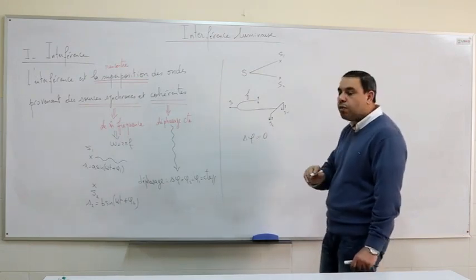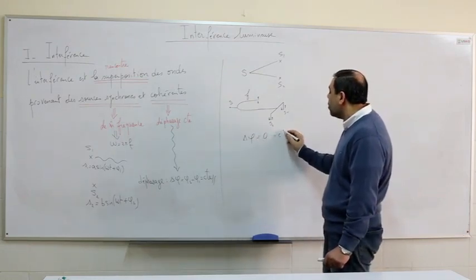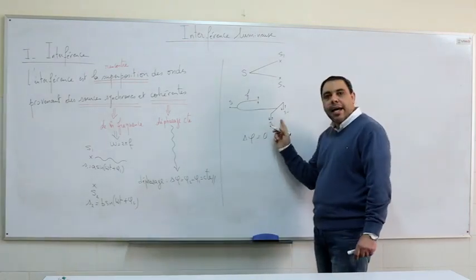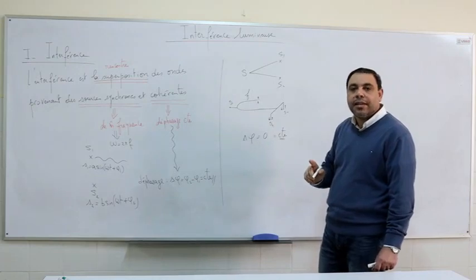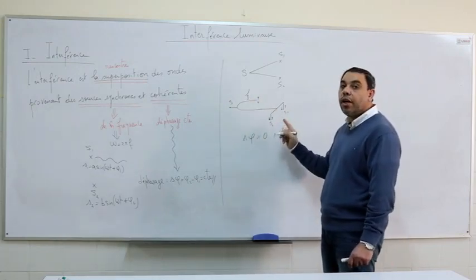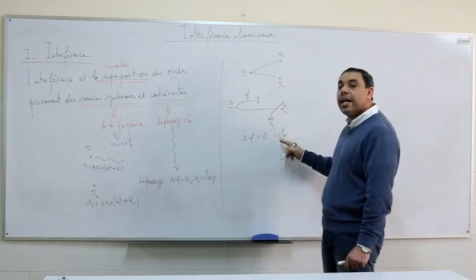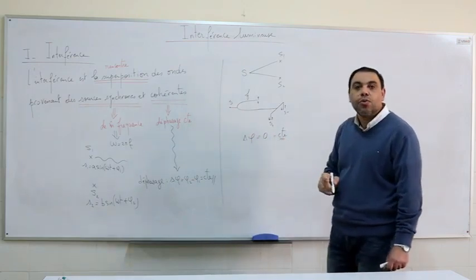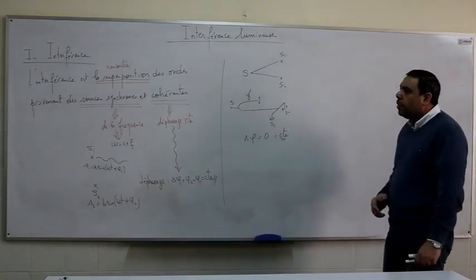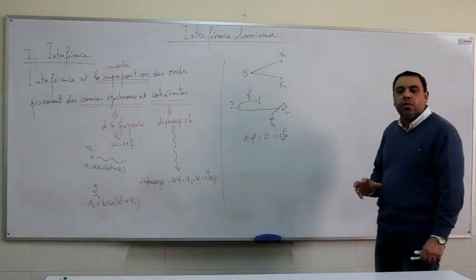That is to say that the phase difference between S1 and S2 is constant. S1 and S2 obey the interference conditions. Synchronous sources, because they vibrate at the same frequency. Coherent sources, because their phase difference is always constant.